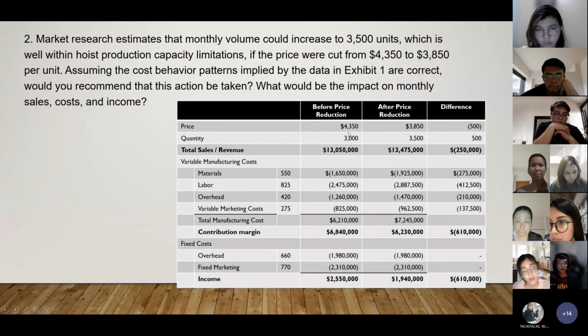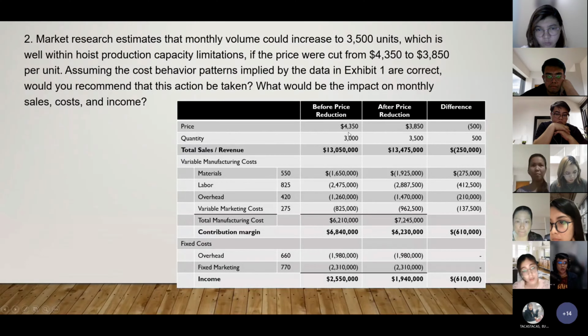So same here sa after price reduction. So yung materials, 550 times 3,500 naman. We're gonna get this one, and so on and so forth. So pag inadd natin to, makukuha natin is 6,210,000. Sa kabila naman is $7,245,000. So sa cost, mas tumaas yung cost niya. Yun yung impact natin sa monthly cost.